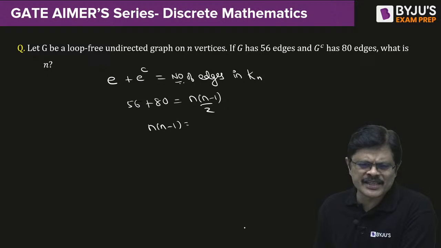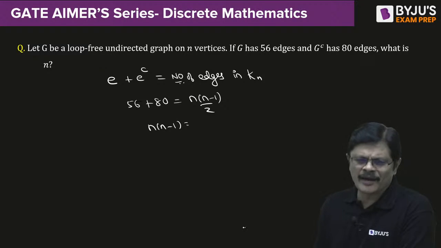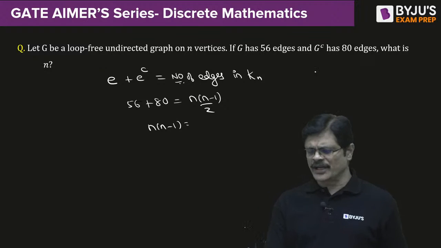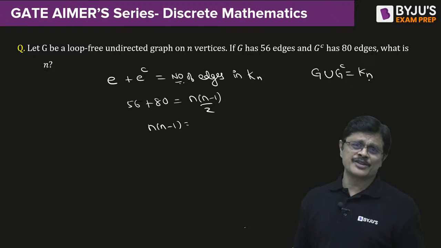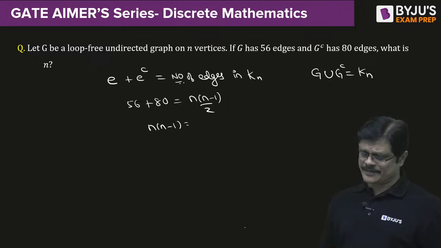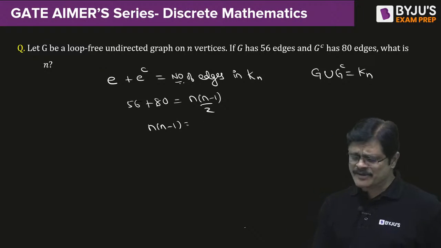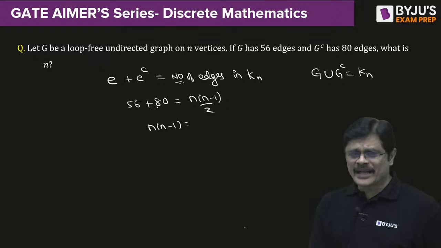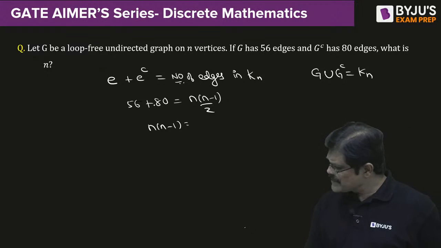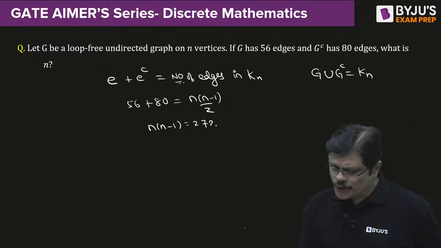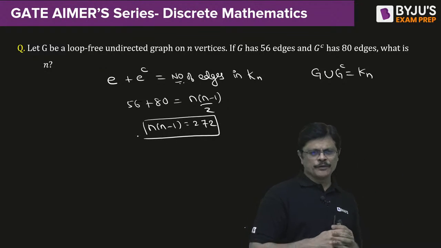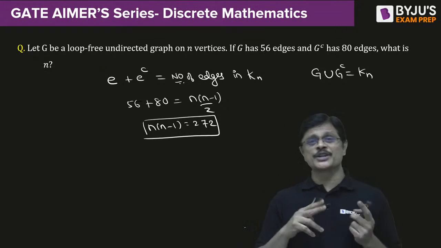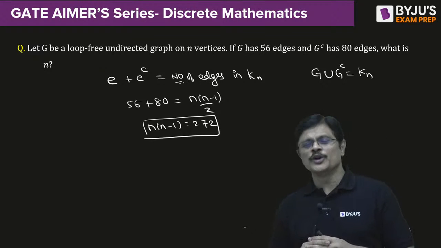When you take the union of these two graphs, you are going to get the complete graph, my dear friends. 136 into 2 is 272. So you need the product of two consecutive numbers equal to 272.